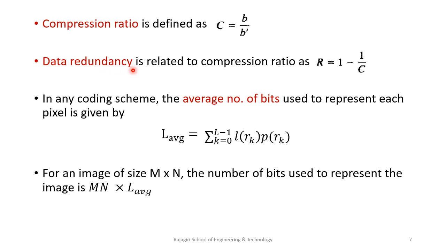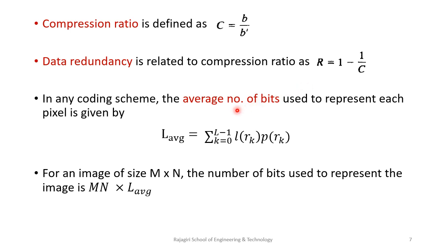Data redundancy is related to the compression ratio as R = 1 - 1/C. For example, a compression ratio of 10 leads to a redundancy of 0.9, which shows that 90% of the data in the original image is redundant.